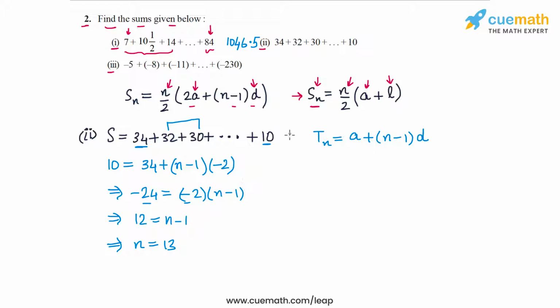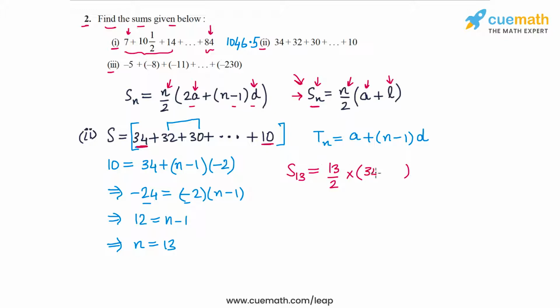So there are 13 terms in this sum, and now we can apply the formula Sn equal to n by 2 times a plus l to find the sum of these 13 terms. So we will get S13. The sum of these 13 terms will be 13 by 2 into a plus l. a is 34 and l is 10.